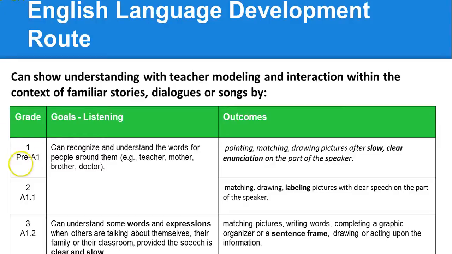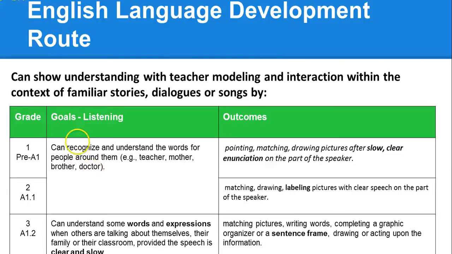That's why we're calling them an A1 level. What we're saying is that students will be able, the goal is based on the can-do statements. This is the competence that we're working. Here we want that the students can recognize and understand the words for people around them, such as teacher, mother, brother, doctor.